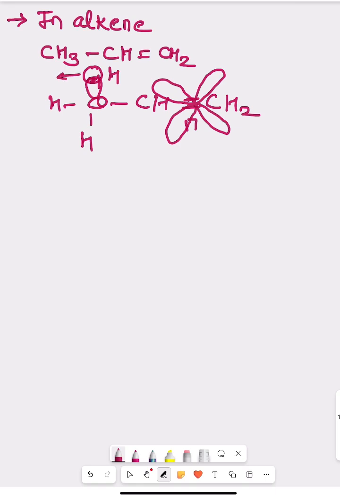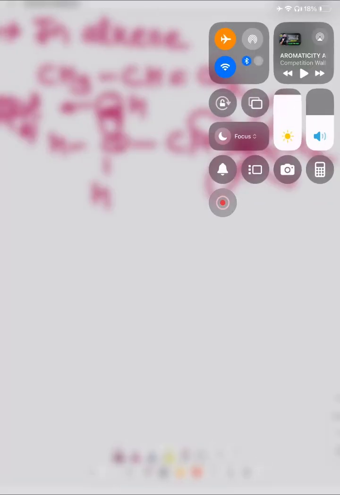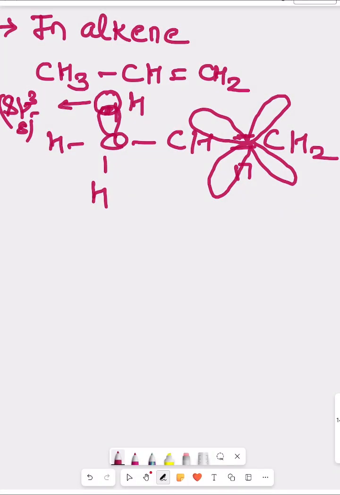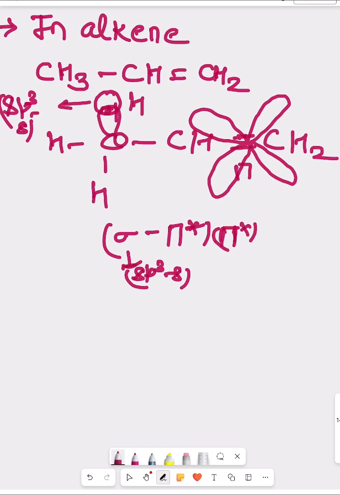This is your sp3 s. The overlapping is between sigma and pi star. Sigma, of course, sp3 s, and pi star of your alkene.